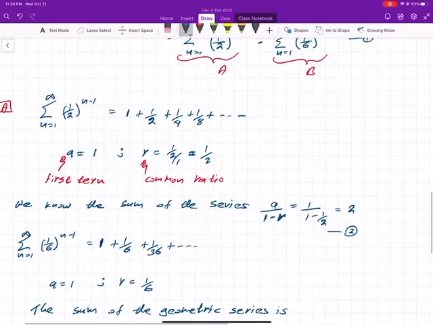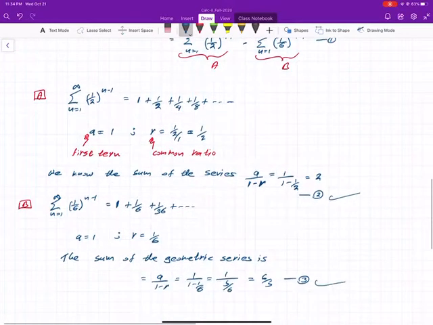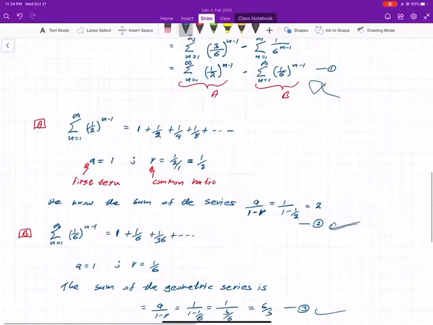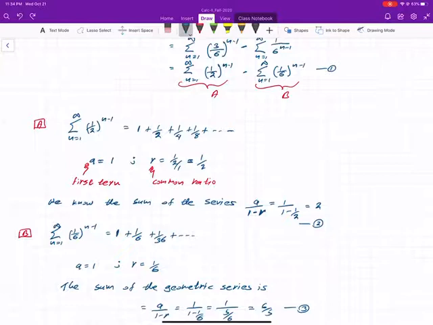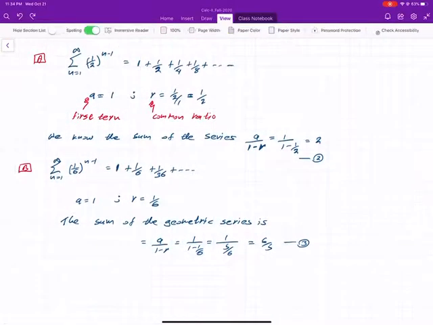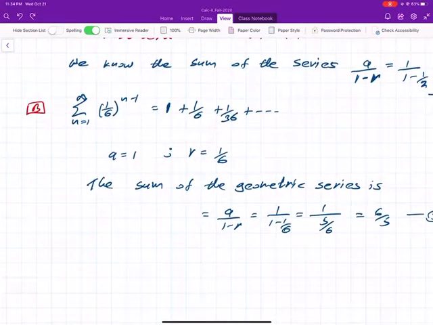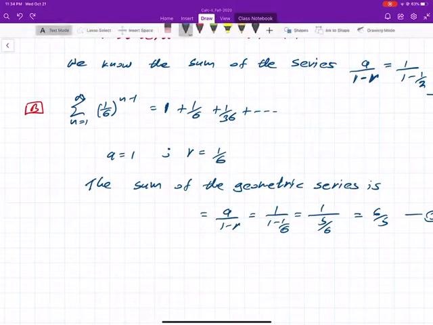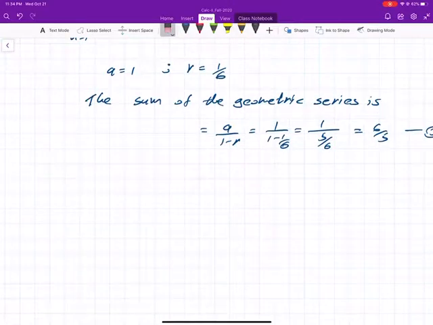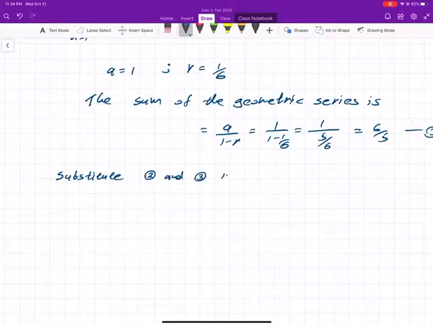Now what I'm going to do is substitute equations 2 and 3 into equation number 1. That will give you A and B.